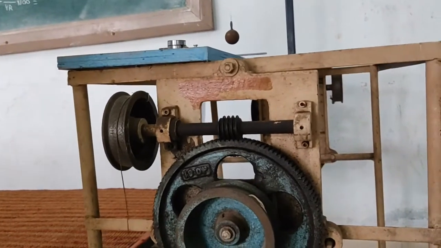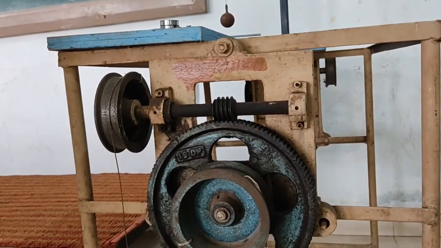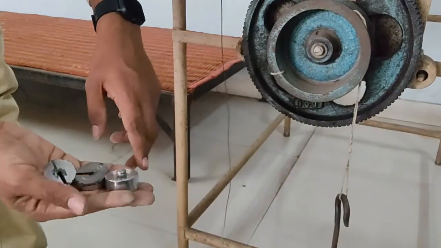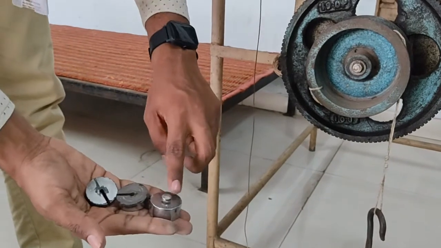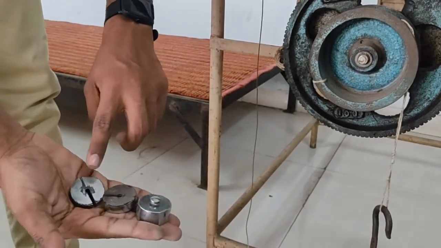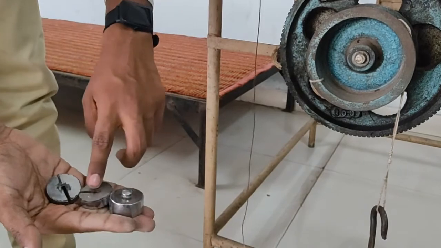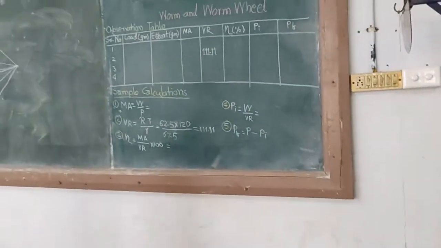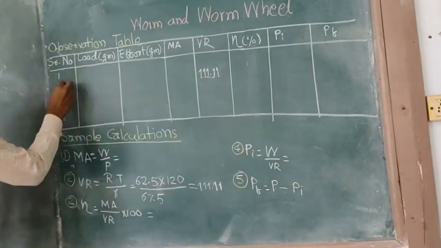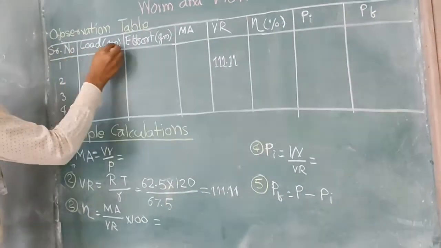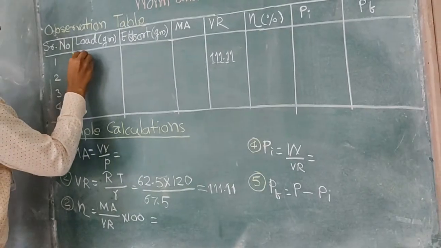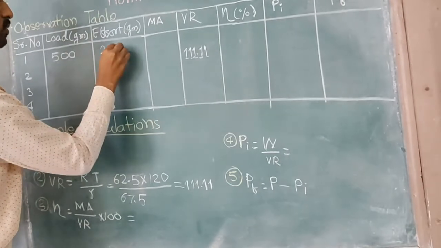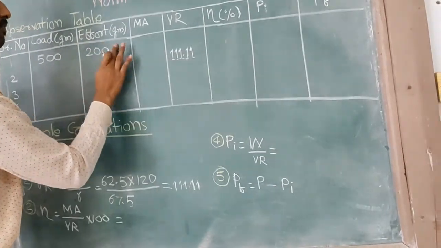So for the first reading, the load lifted by the machine is 500 gram, where the effort required to lift is 200 gram. Now I am going to write down this reading into the observation table. So my first reading: load is 500 gram while effort is 200 gram.